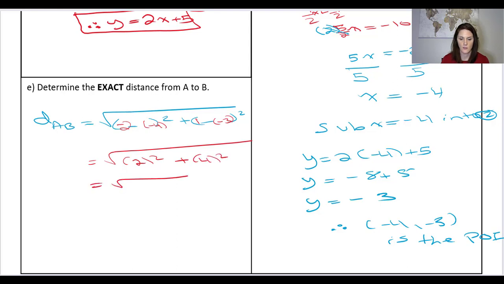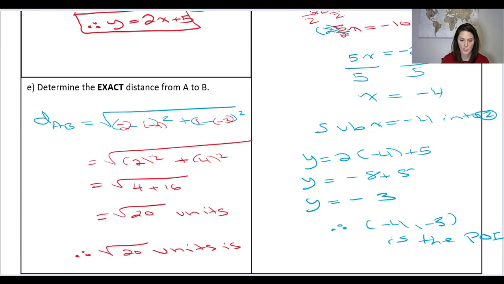So equals 4 plus 16, so the square root of 20 units. So therefore, the square root of 20 units is the shortest distance.